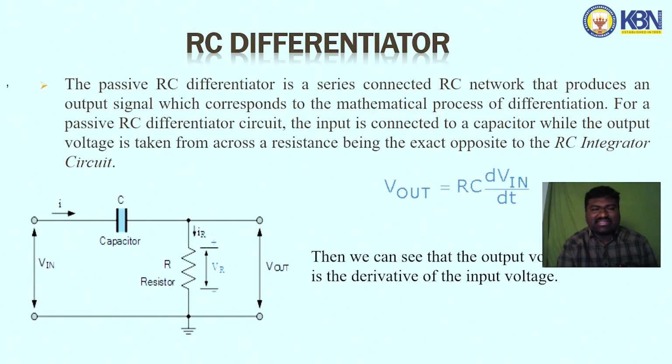In the differentiator circuit, the components are interchanged. In place of the resistor, we connect a capacitor, and in place of the capacitor, we connect a resistor. The output voltage is taken across the resistor as shown in the figure. The formula of the differentiator is V0 equals RC d by dt of V in. That means the output voltage is proportional to the derivative of its input voltage.